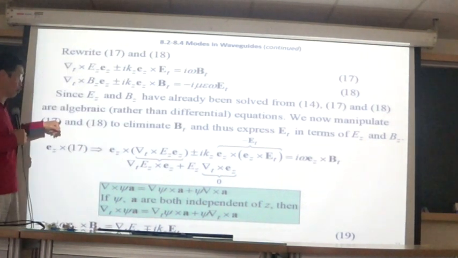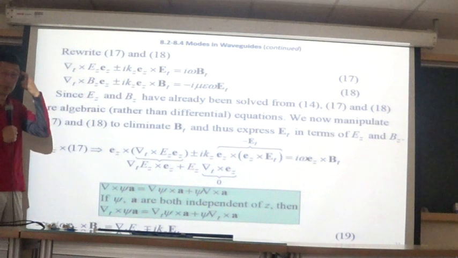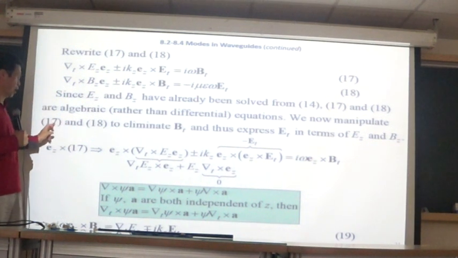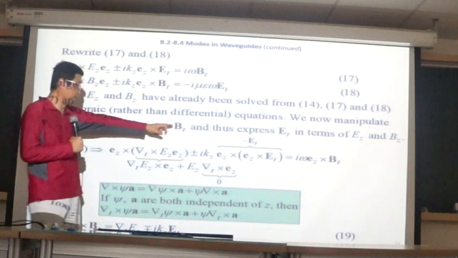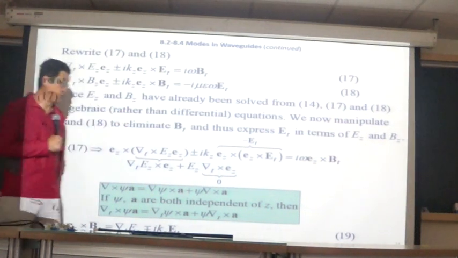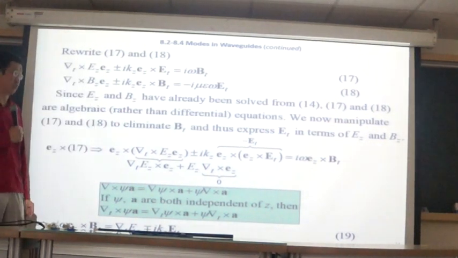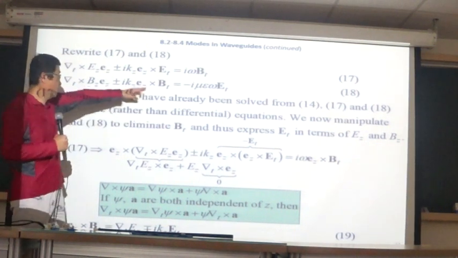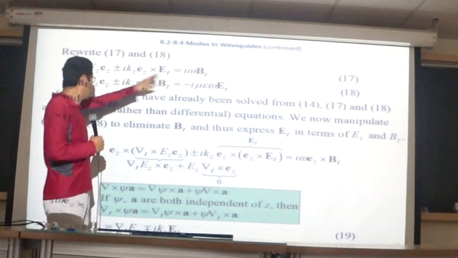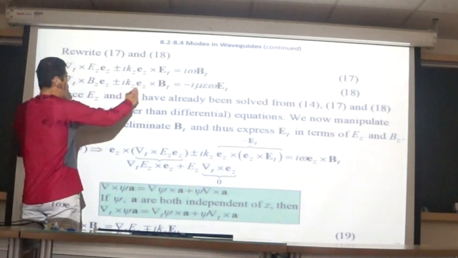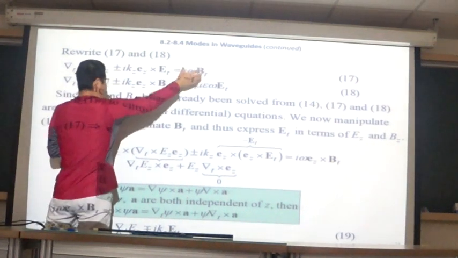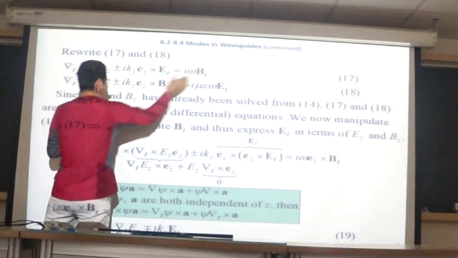We can manipulate. We can rewrite this equation and eliminate BT, and express ET in terms of the other terms. How to do that? Just multiply this one into this one, and replace this one with this one.